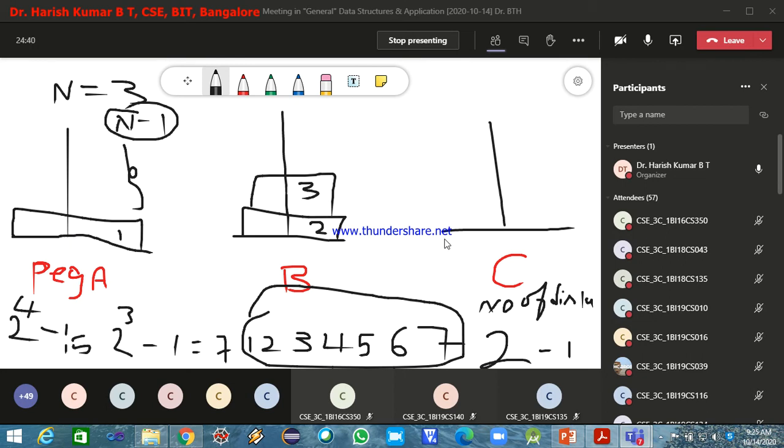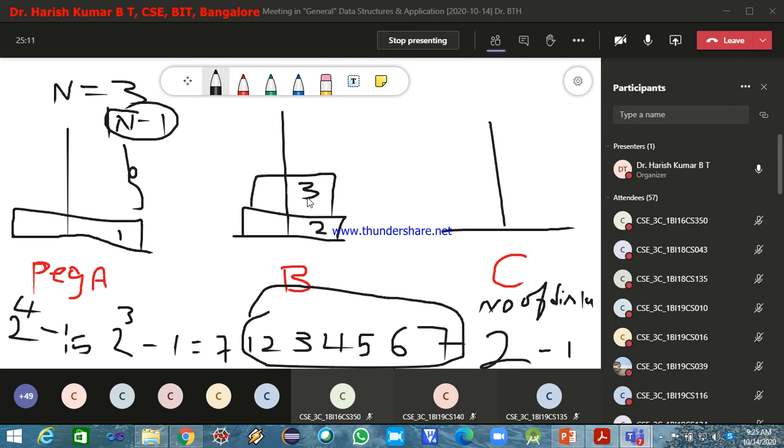And next what you do, again you start shifting these n minus 1 disks, which are there on B, to A. Okay, B to A, and shift the last disk to C. So initially we shift n minus 1 disks from peg A to peg B using C as auxiliary, and then we shift the last disk to the destination.